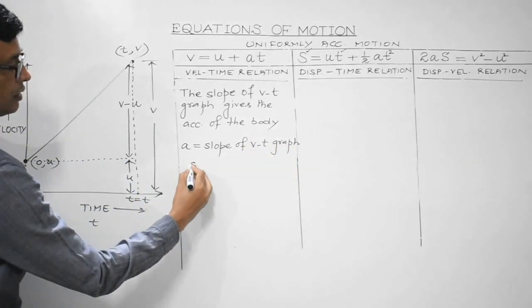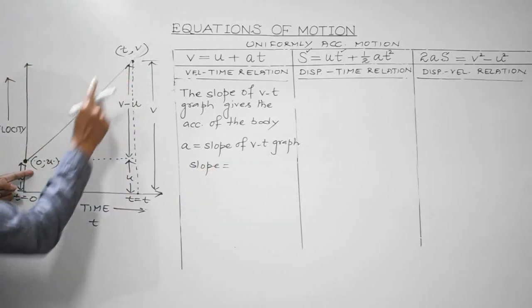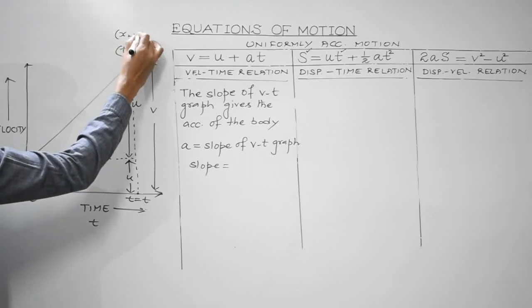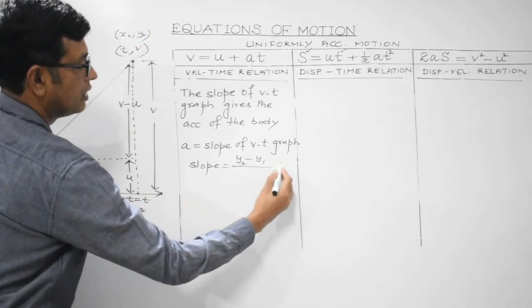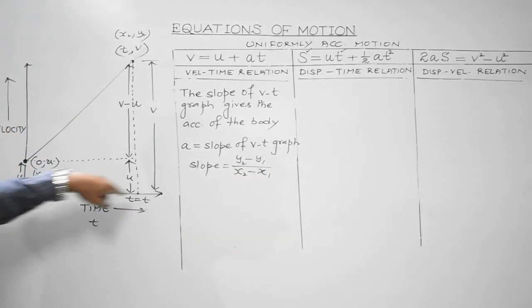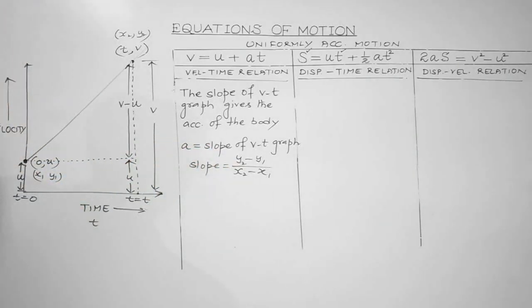And students, slope, I have told you, this is x1, y1, and this is x2, y2. What is slope? y2 minus y1 divided by x2 minus x1. This is the y-axis and this one is the x-axis. The horizontal is the x-axis, the vertical line is the y-coordinate.